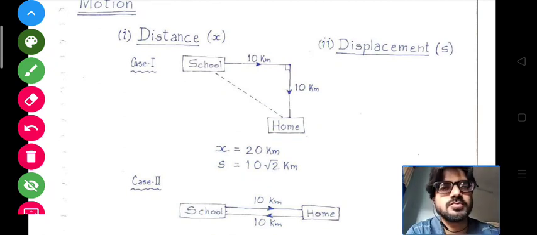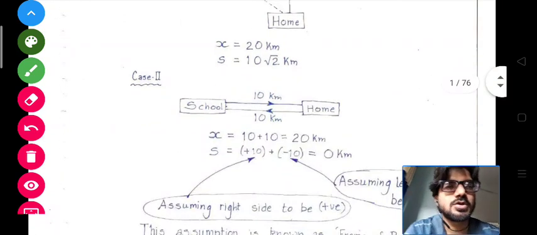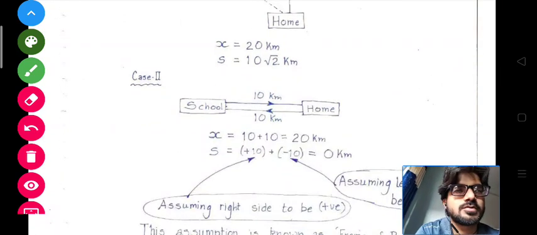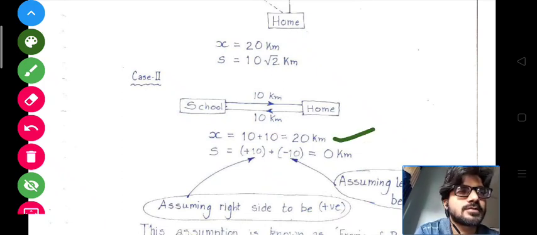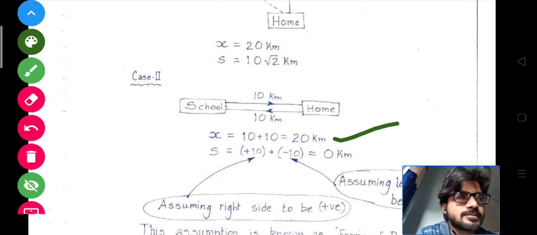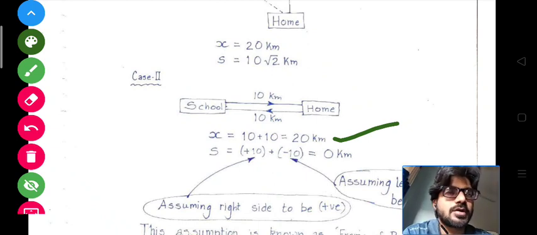For case 2, suppose you went from school to home and then back to school. The distance will be the addition of the two parts, 10 plus 10, 20 kilometer. But displacement, I told you, is a vector quantity.